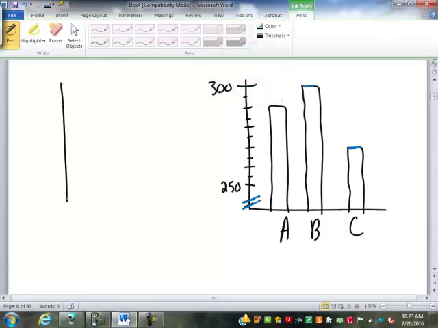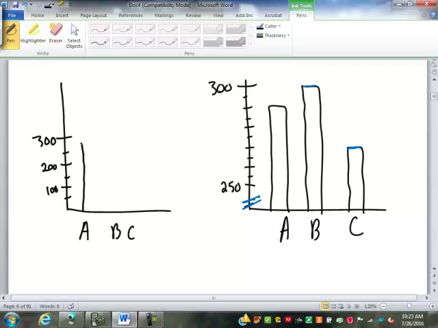If I had done a graph like this without breaking the scale, I probably could have expanded it a little bit more than that, but that's what the graph would look like without having the broken scale.